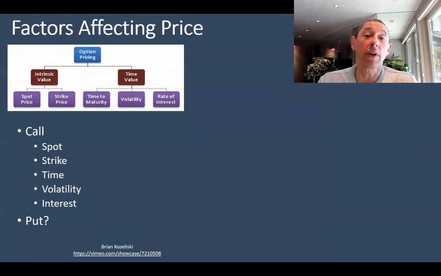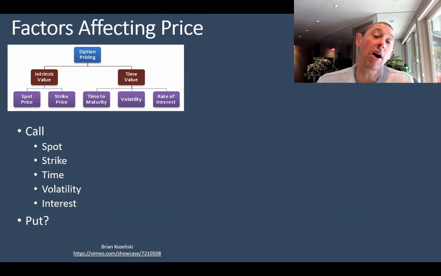Now, the rate of interest is a little bit unique because it varies depending on the option. But if you think about it, there are two things involved here. If you're a buyer of a call, there is the interest rate you would pay on that premium, but there's also the interest rate you would pay to pay for a stock.